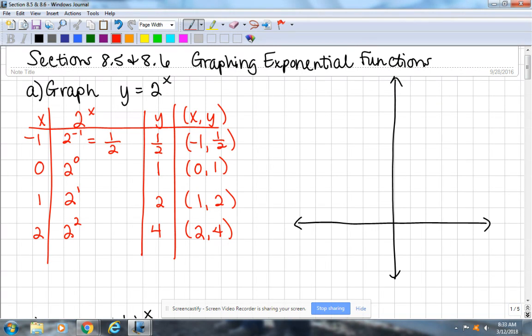Now, y'all, we're going to graph these. And we're going to notice when we graph this exponential function, it does not make a straight line. Okay? Exponential functions are not the same as linear functions. They're going to actually make a sort of a curve. So I'm going to say negative 1 up a half. 0, 1. 1, 2. And 2, 4.